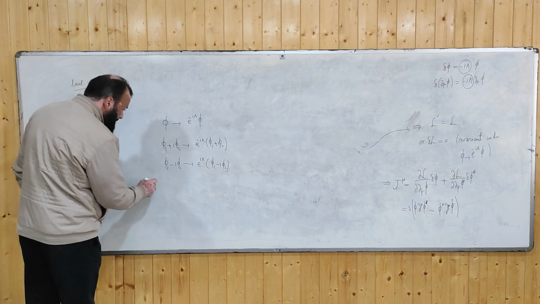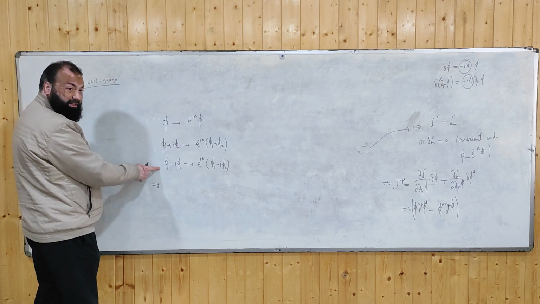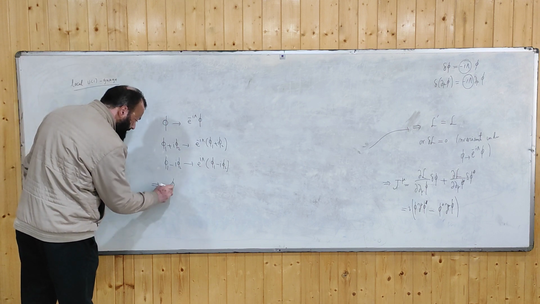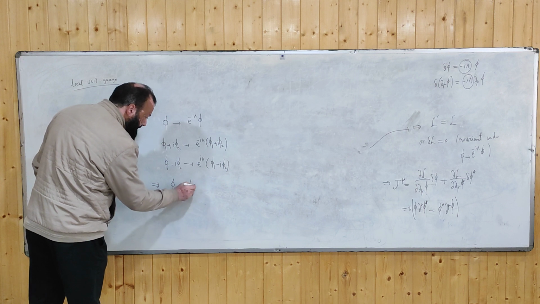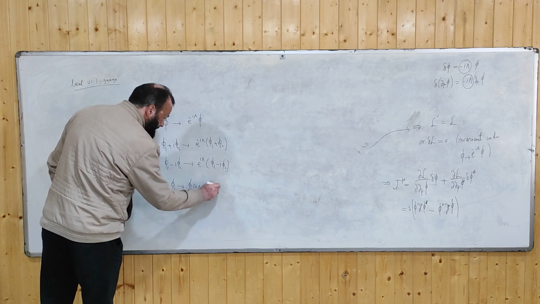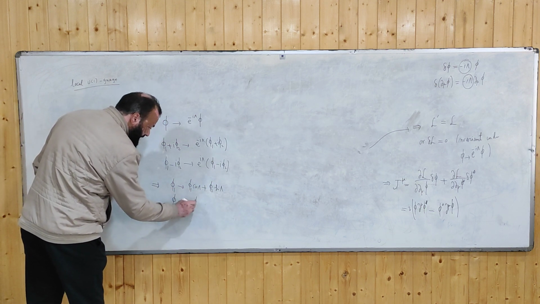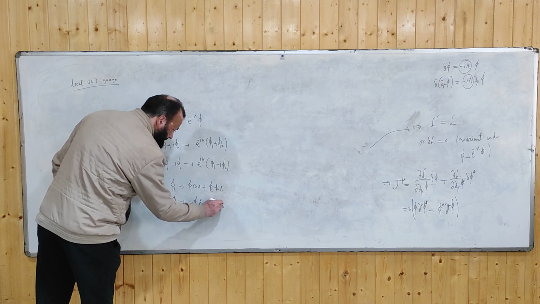Okay, so what does it yield? Let's calculate phi 1. How will phi 1 go? You just add the two, and you will get phi 1. It goes as phi 1 cos lambda plus phi 2 sine lambda, and phi 2 goes as minus phi 1 sine lambda plus phi 2 cos lambda.